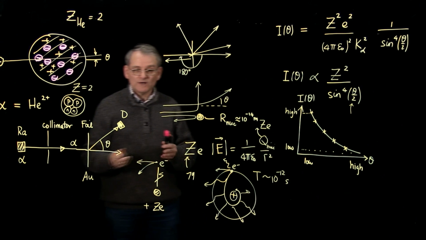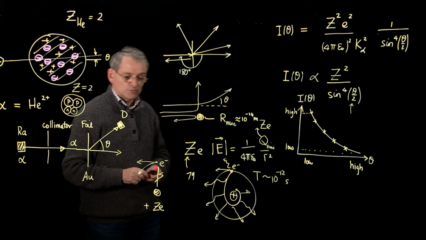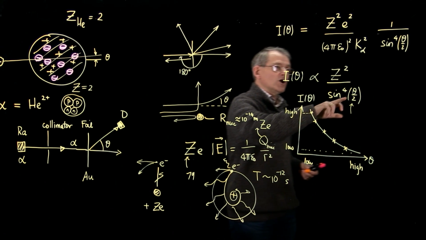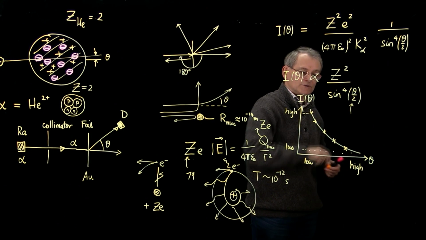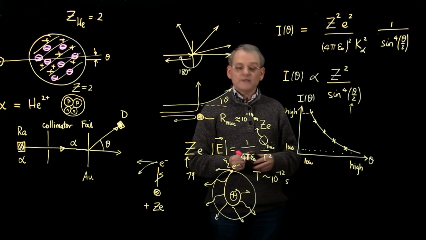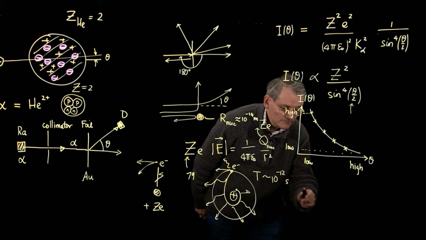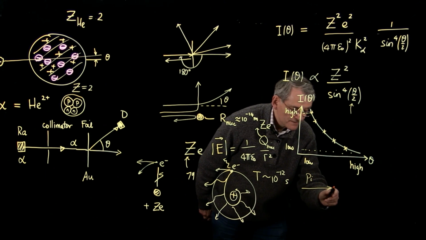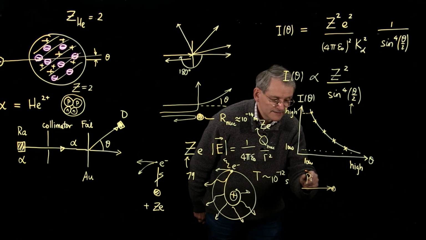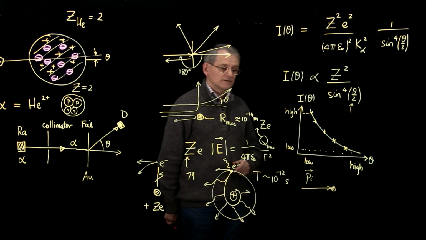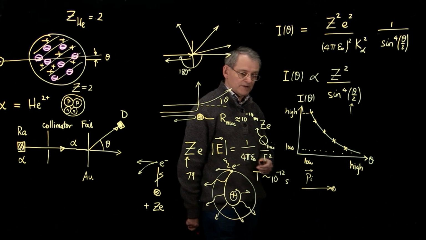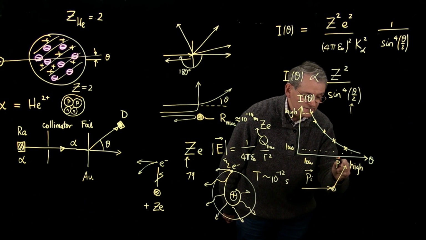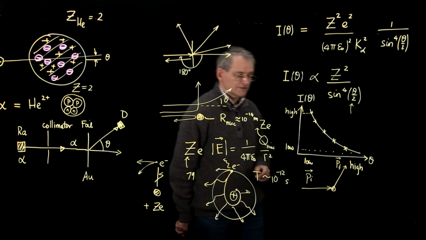I won't obviously derive the Rutherford formula. I invite you to do a Google search to find out for yourself how that's done. But I will make a comment about this: why this theta on 2. So we have an alpha particle, which is incident on the nucleus, and there's the vector of the incident momentum, the momentum of the incident alpha particle. The alpha particle scatters, and there's the momentum vector for the final scattering state.